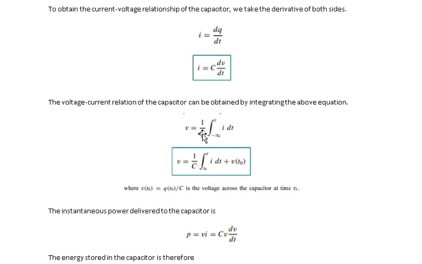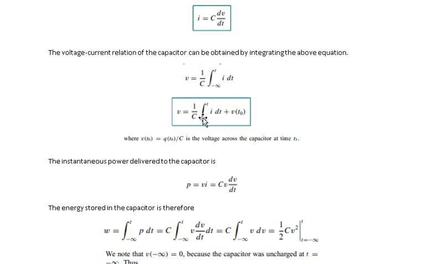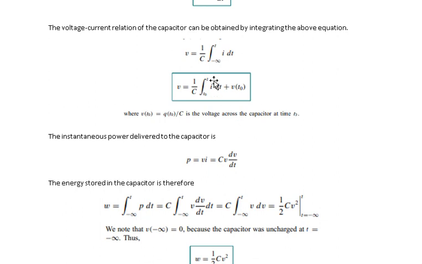By integrating that, we can find the value of the voltage. So voltage is equals to 1 over C integral of I dt plus v at time t equals 0, which is the initial value of voltage, evaluated from t sub 0 to t.